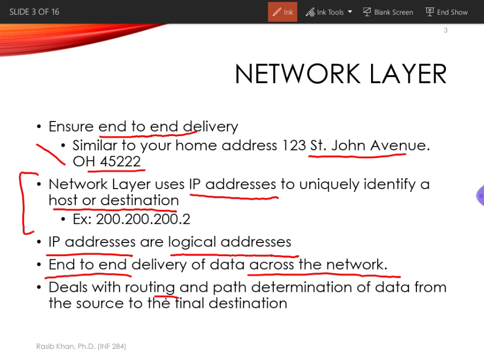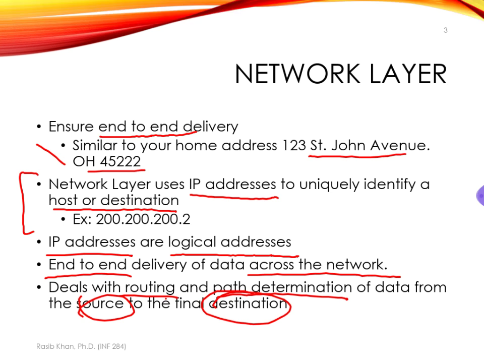And it deals with the routing and the path determination of the data from the source to the final destination. So there could be multiple paths the packet could take, and multiple devices through which it will be traveling, and the network layer enables that end-to-end delivery.